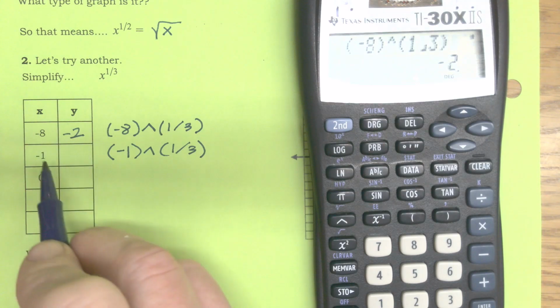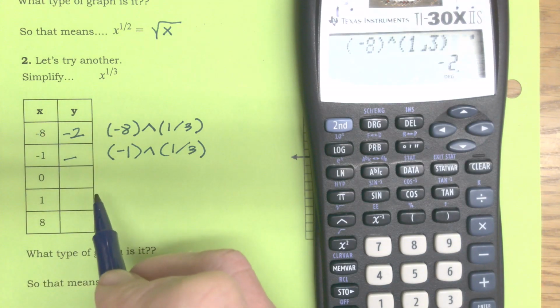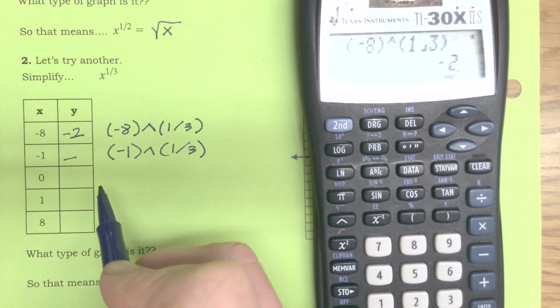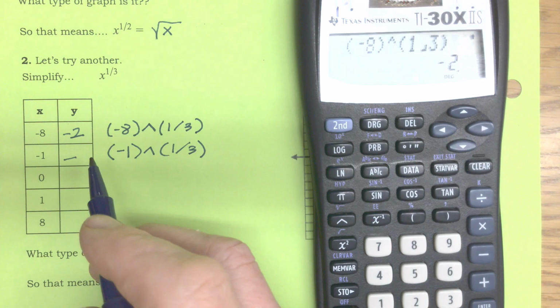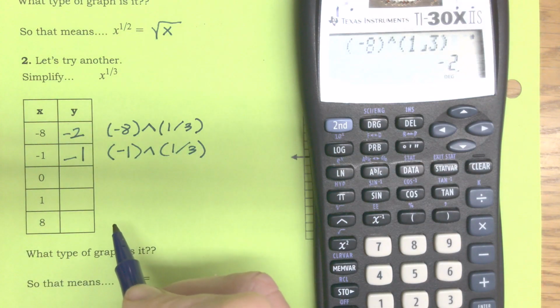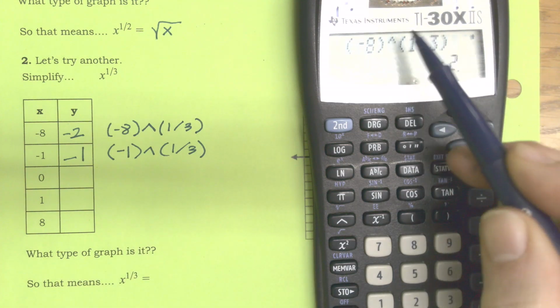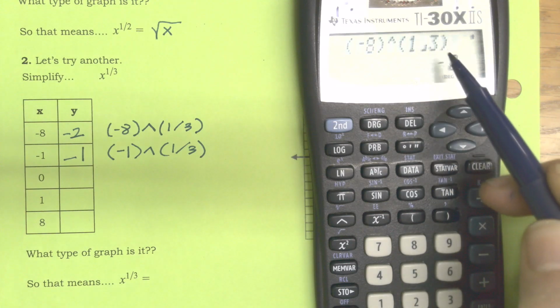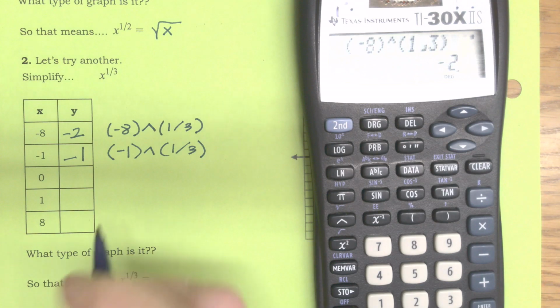What do we get for -1? You got -1? Yep, that's what you should get. Maybe because you plugged it in right, did you make sure you put your third power in parentheses? Oh, there you go. That would do it. Okay.